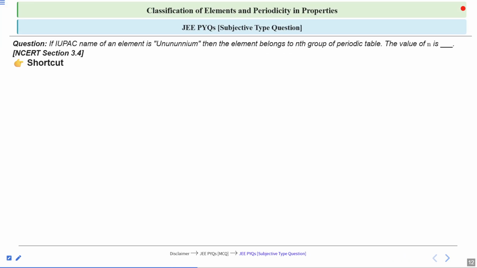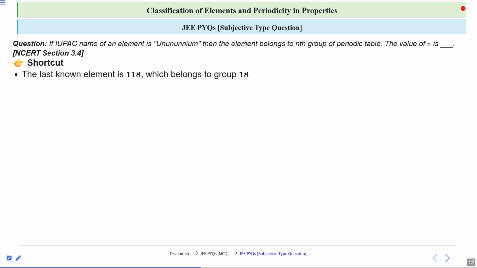So what you have to determine is the group number. What is the last element of the periodic table? It is 118. So you take the last element, that is the group 18 element of every period. Then you see which atomic number is exceeding your atomic number 111.